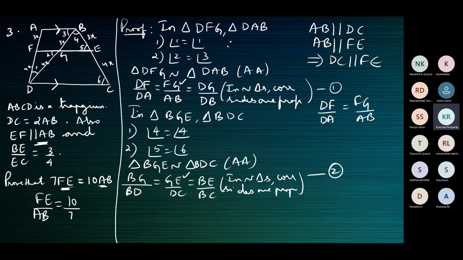Intercept BE is 3 parts, intercept EC is 4 parts. Then BG is 3 parts, GD is 4 parts, AF is 3 parts, FD is 4 parts. Am I clear, children?